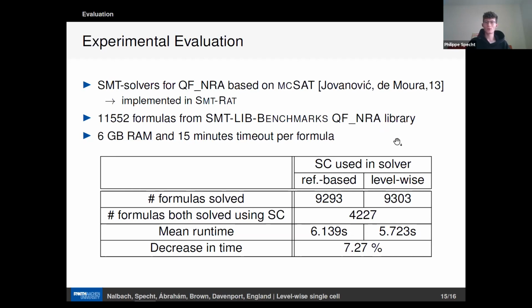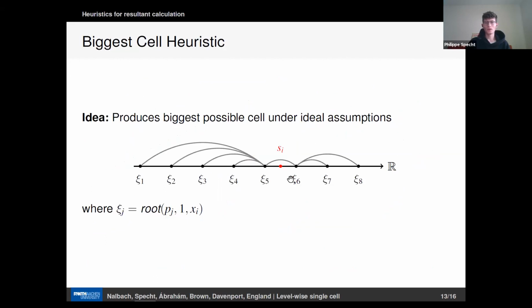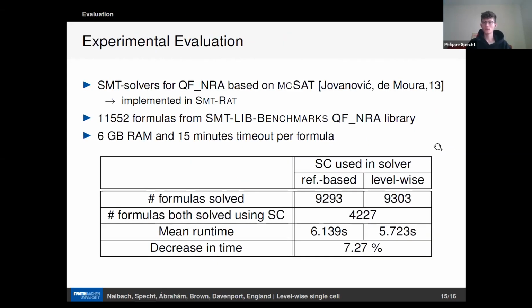The first one was comparable to this biggest cell heuristic, and the other one was a heuristic that is not shown right here, which we call the chain heuristic, which just takes a chain as seen here. On this side, we would do the same thing on the other side, and this is what's taken in the second case.